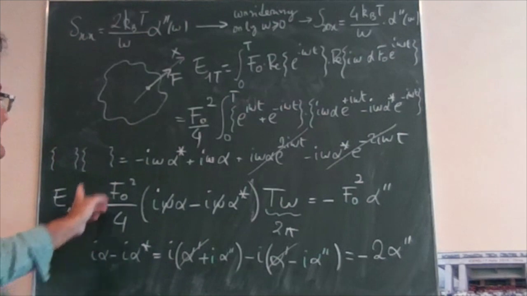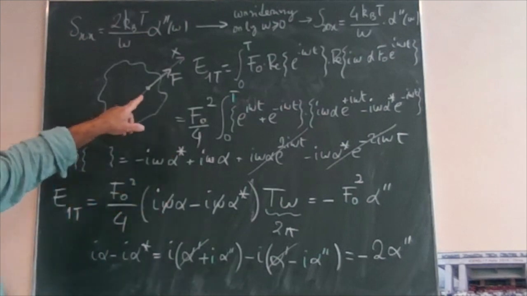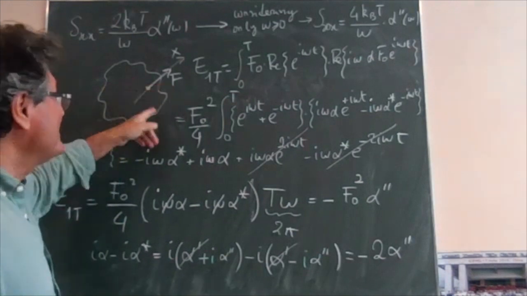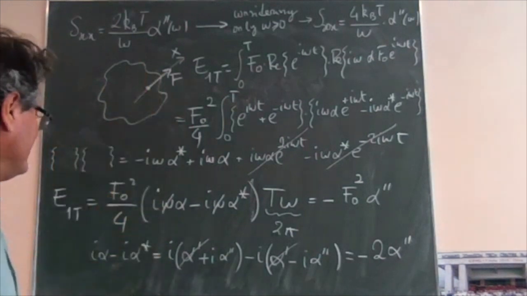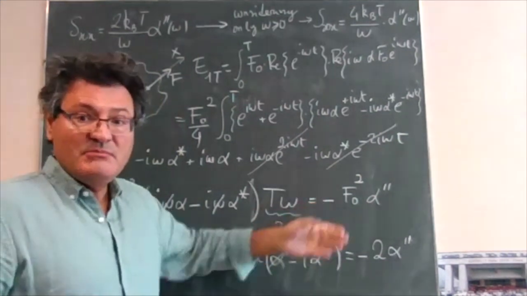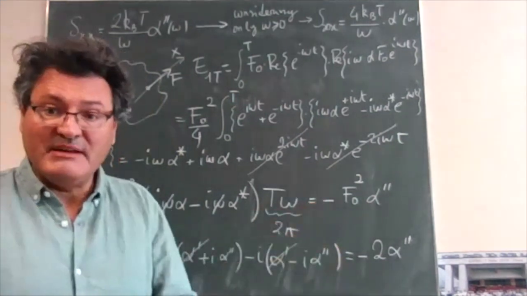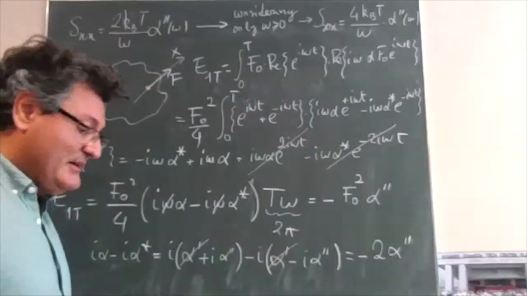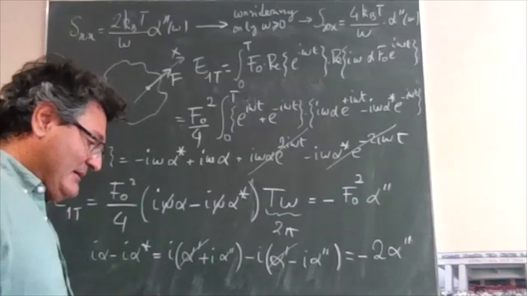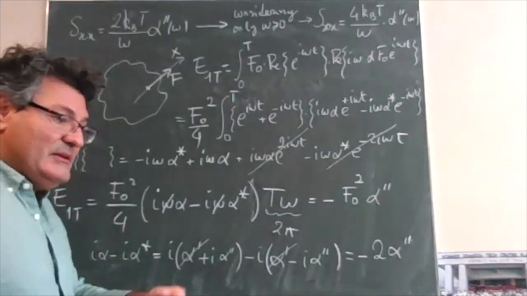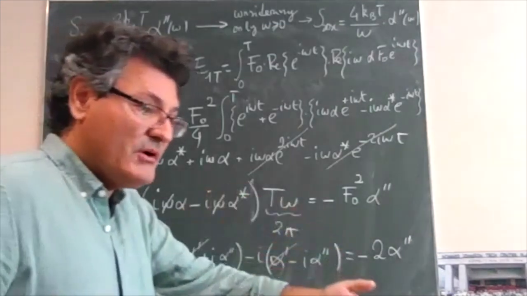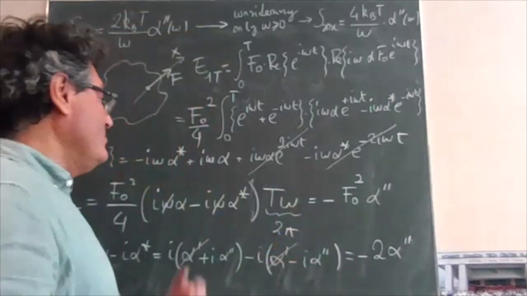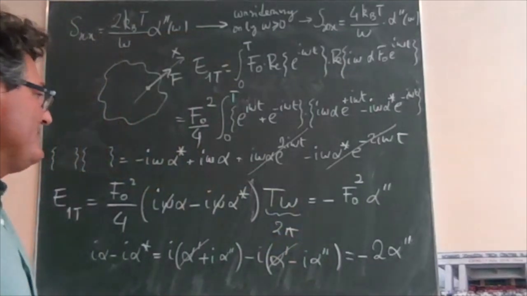So the energy produced by the external force after one period is negative. So it means that the work done by this force is negative. So it dissipated. The positive work done by the external force is less than the negative work, okay?